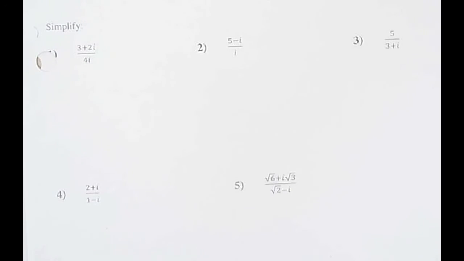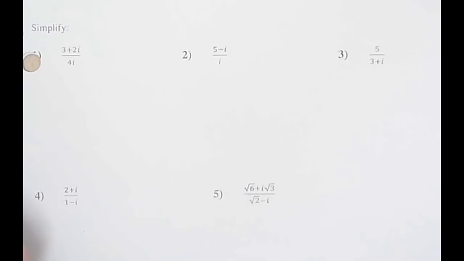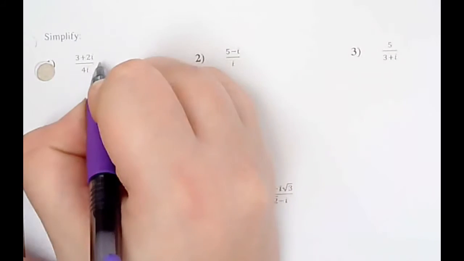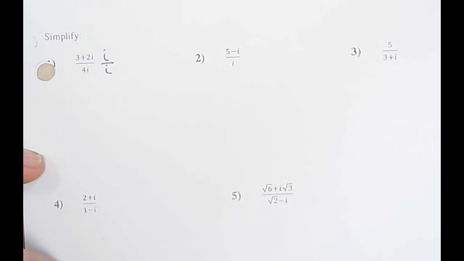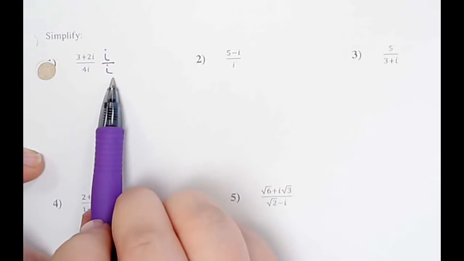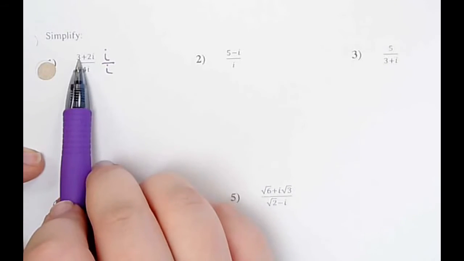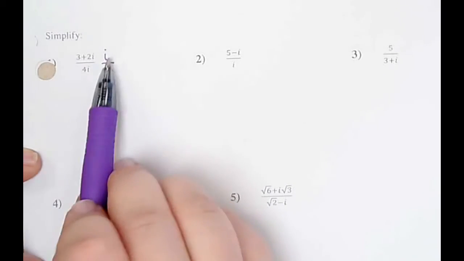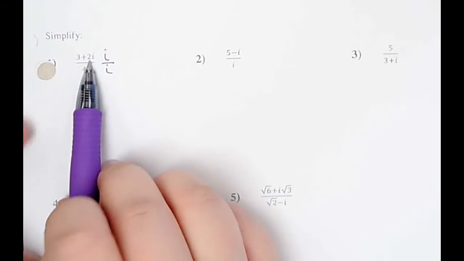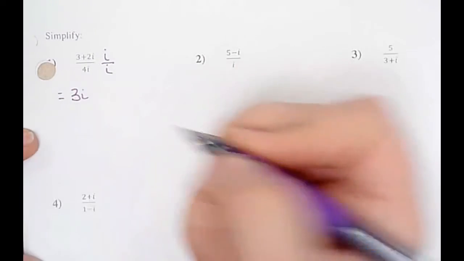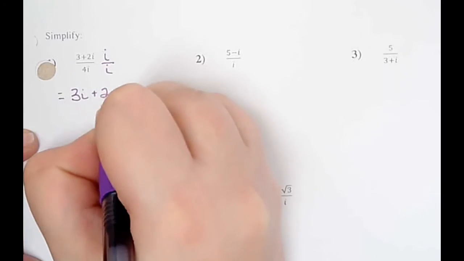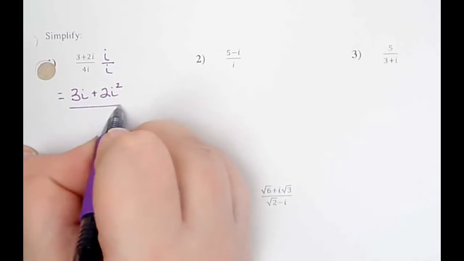Now, I've done this before, but if it's been a while, the easiest way here is if I multiply by i over i. That's just a big fancy 1, so it doesn't actually change our equation other than the way it looks. When I multiply in here, though, what I get is 3i plus 2i squared over 4i squared.